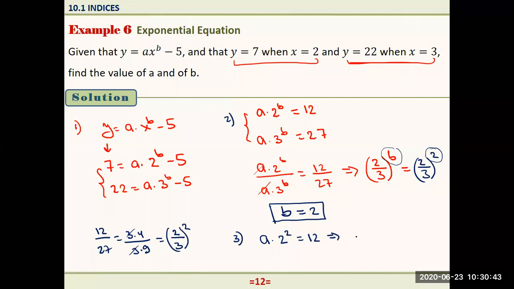From here, a equals 12 divided by 4, that's equal to 3. So the value of a is 3, and the value of b is equal to 2. Okay. Continue.